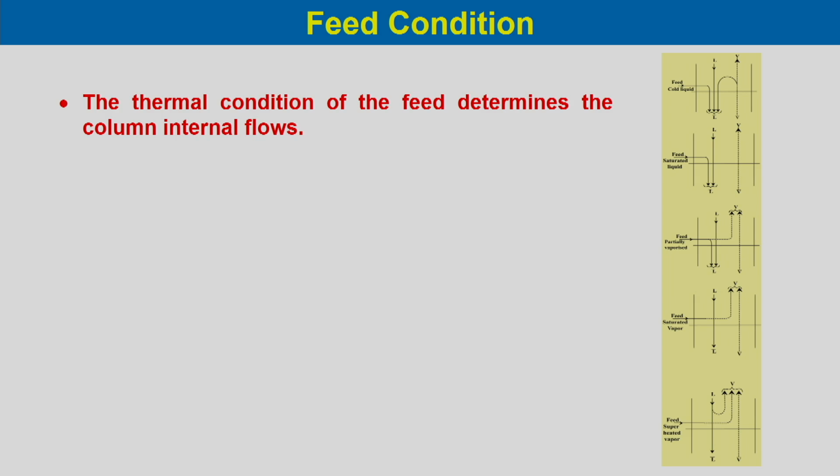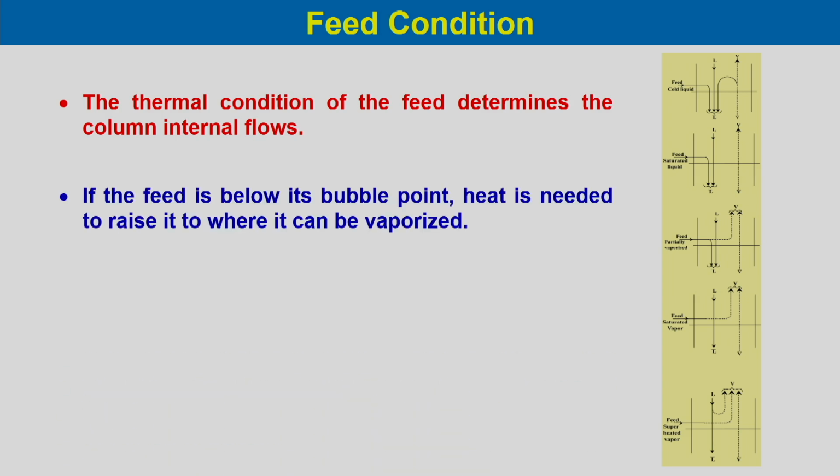As you can see over here, if the feed is below its bubble point, that means it is a cold feed, which is shown over here. Heat is needed to raise it to where it can be vaporized. Since the feed is below the bubble point, it will need to heat up until it is vaporized and the more volatile component comes out.